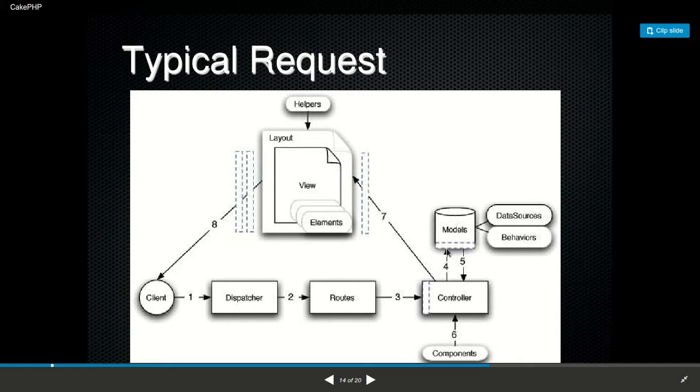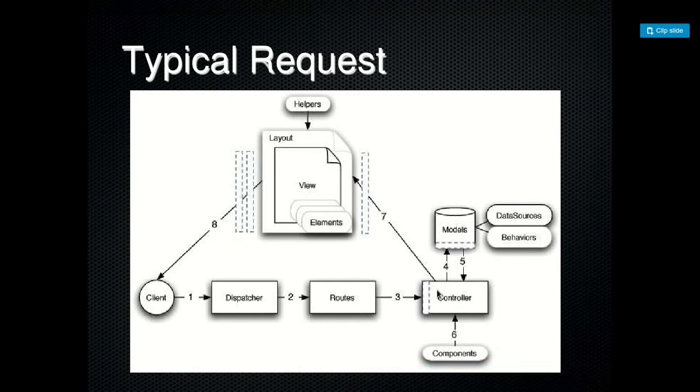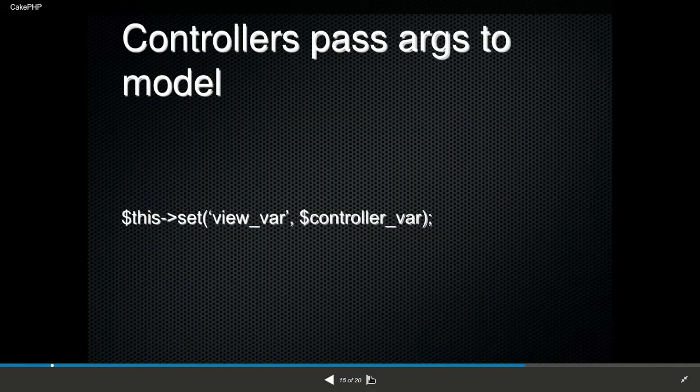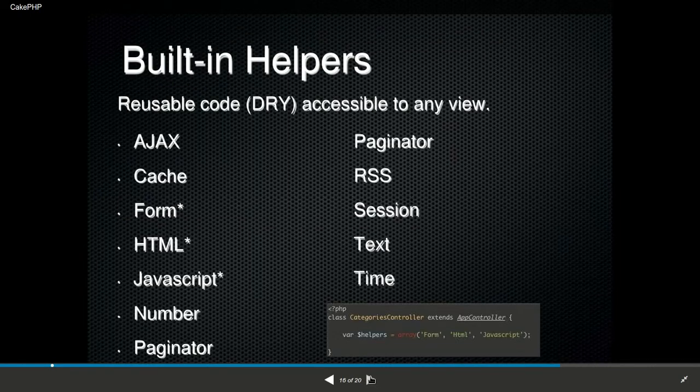The controller will fetch data from the model, and after performing all the logic on the data, it will give it back to the view, which is again used by the client. This is how the controller passes arguments to the model. We will learn more about it in later tutorial videos.